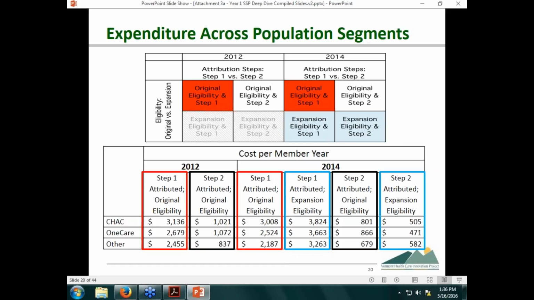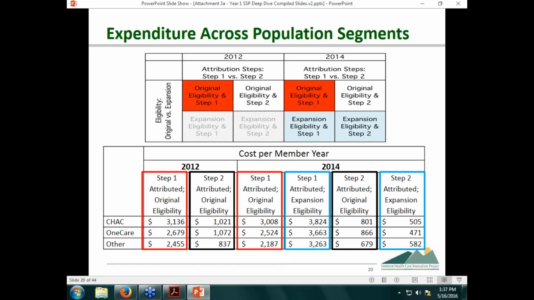And you can see that these folks are actually more expensive. They're more expensive than their peers in 2014, and they're also more expensive than folks in 2012 who were attributed based on claims. This is likely part of the expansion population that did have pent-up demand for services, the ones who were utilizing services more intensively in 2014.